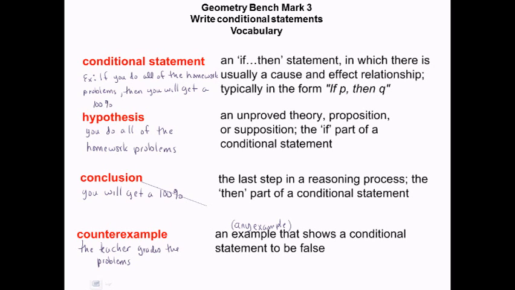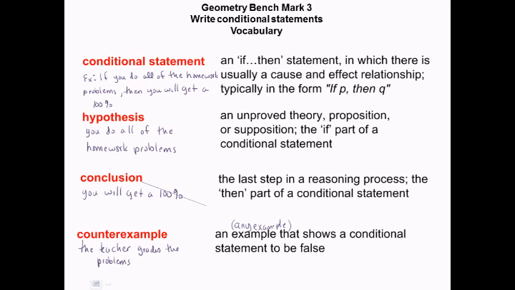You'll get that 100%. But in a different class, maybe that's not the case. Maybe you could do all the homework and you'd still not get the 100% because they'd be grading the problems to see if they're right or wrong. That would be a counterexample, which would make that first statement false. Does that make sense?